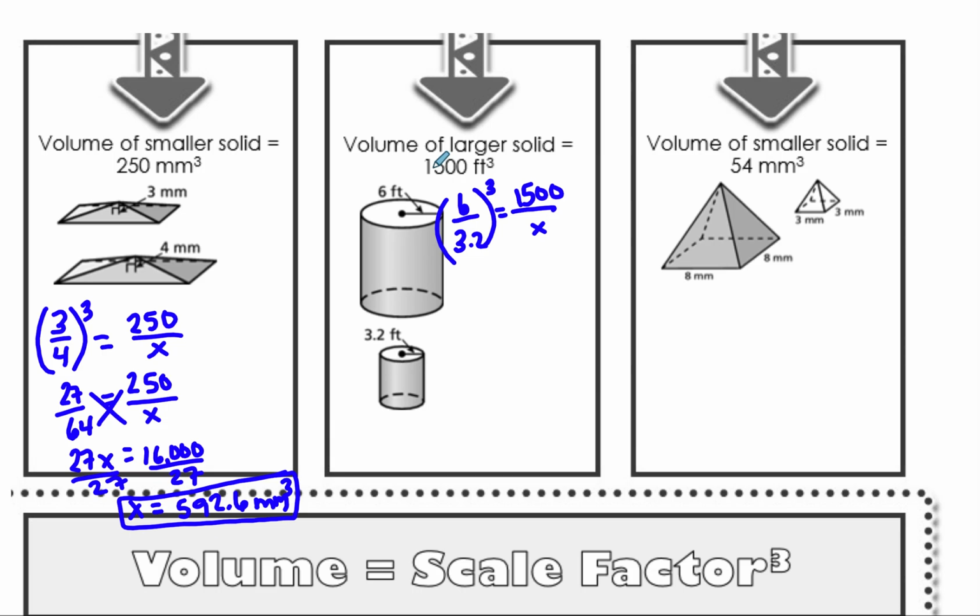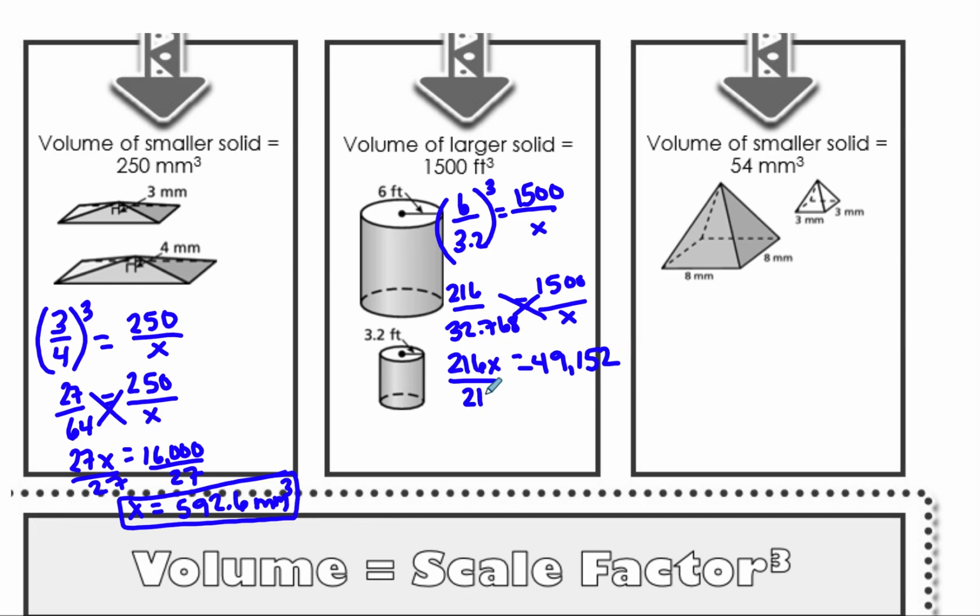Okay, 6 to the third power is 216. All right, and then I need to do 3.2 to the third power, which gives me 32.768. We're going to do some cross products, so 216x equals 49,152.